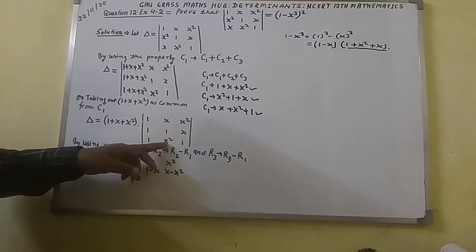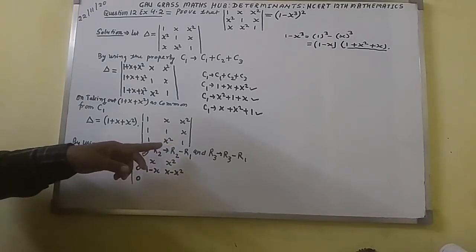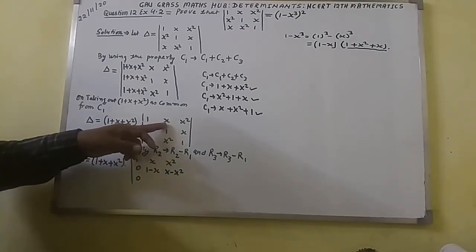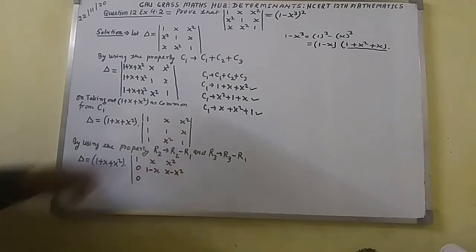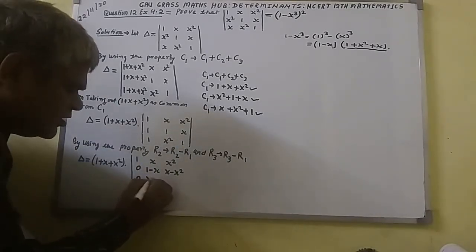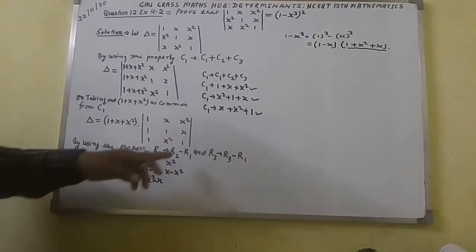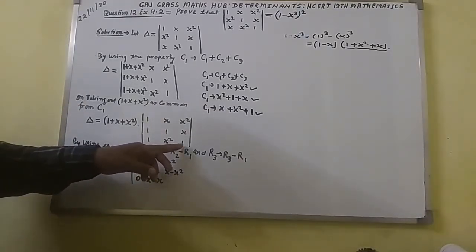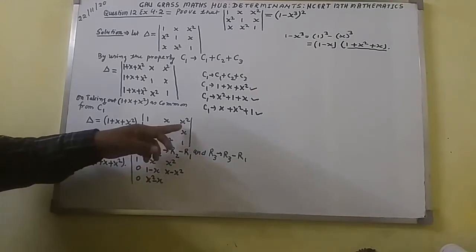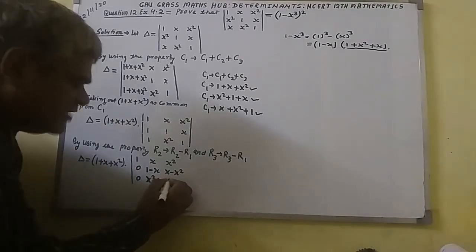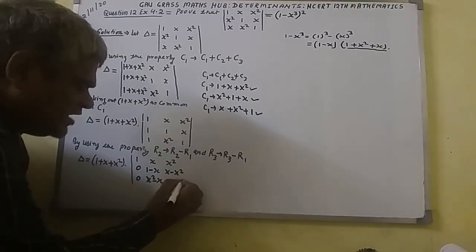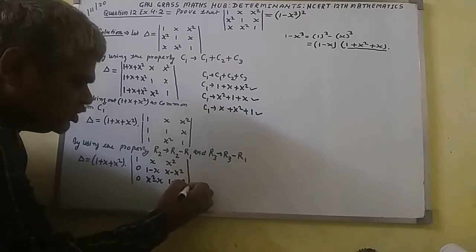If I take the element of R3 as x square minus the corresponding element x, I write x square minus x. If I take the element of R3 as 1, the corresponding element in the first row is x square, so I write 1 minus x square.